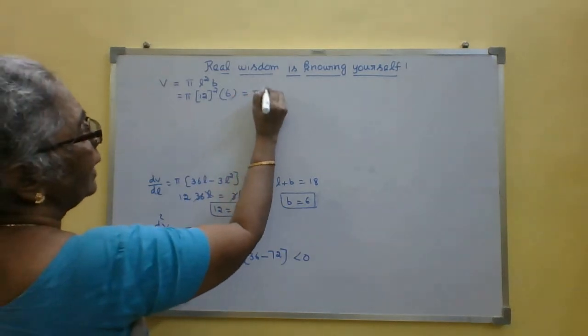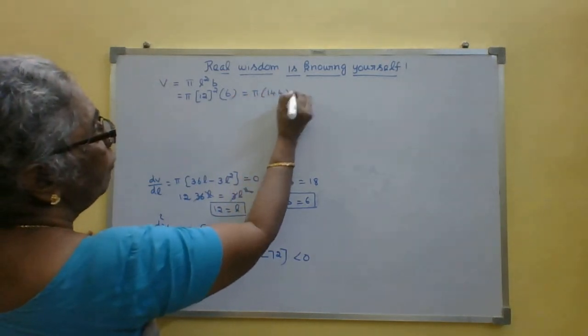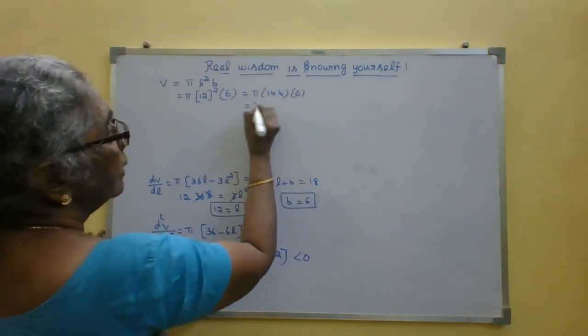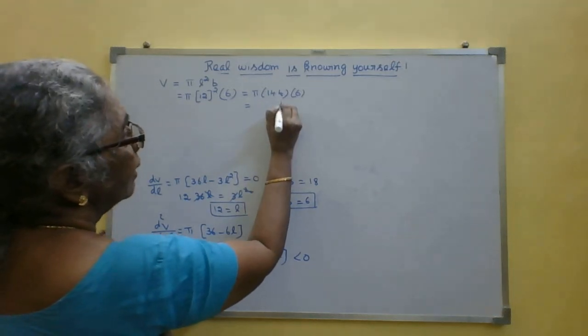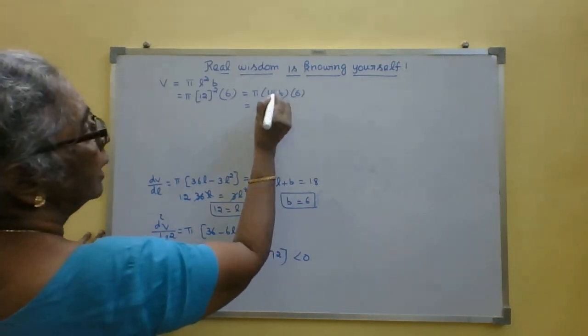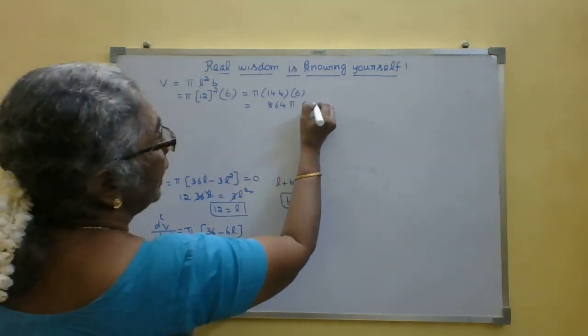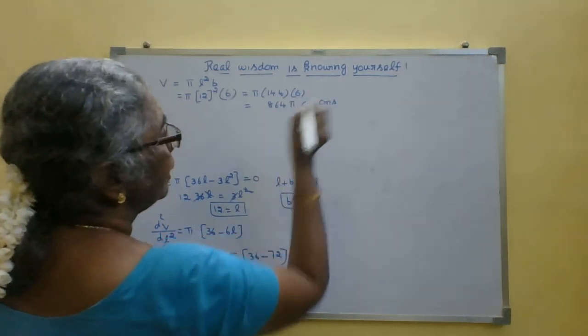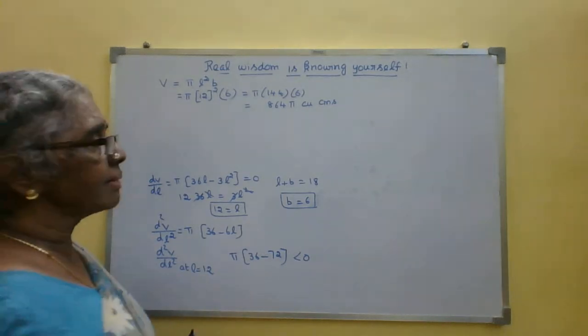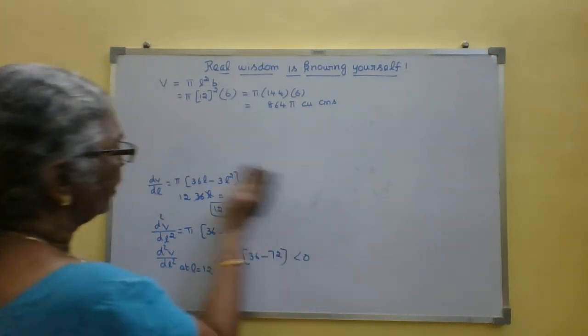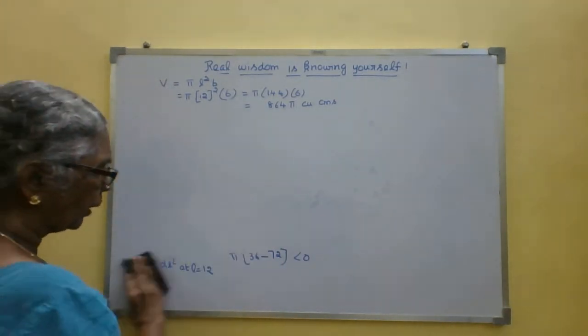So you will get pi into 144 into 6. That will be 864 pi cubic centimeters. Because centimeter is given, write cubic centimeter. If nothing is given, you can give cubic units.